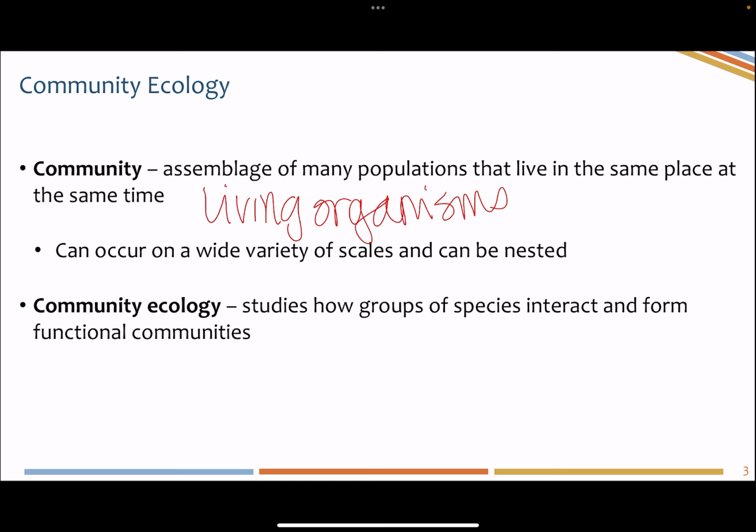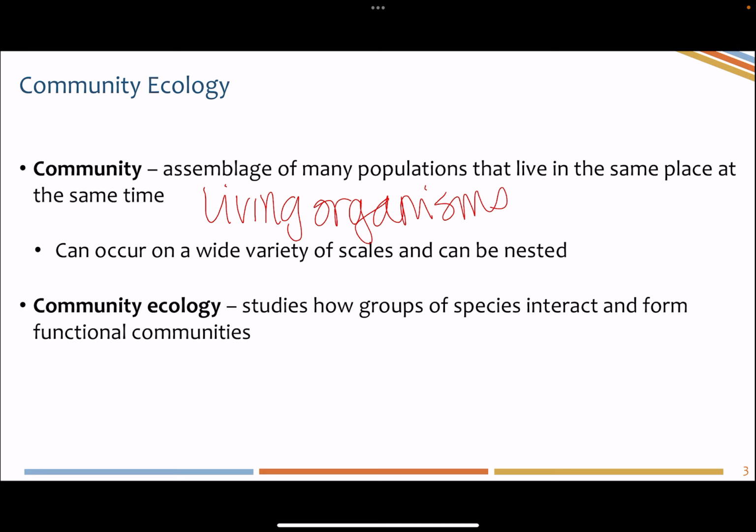We did already talk a little bit about some of those interactions between specific populations. So for example, predator-prey relationships. But really what we're doing with the community ecology here is moving into bigger, broader communities and less specific species interactions.